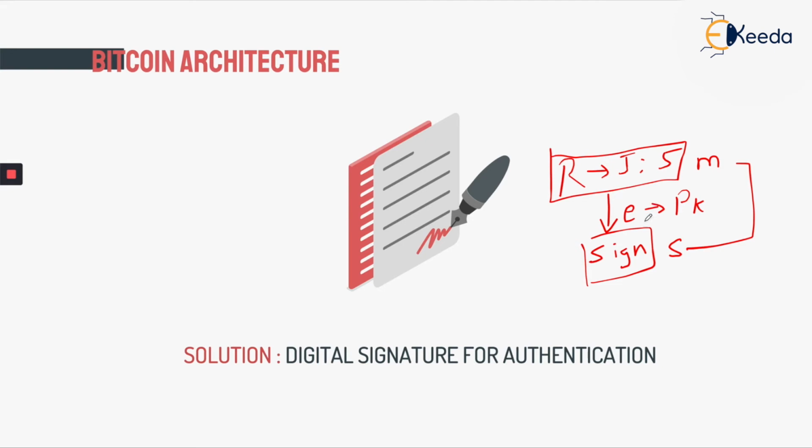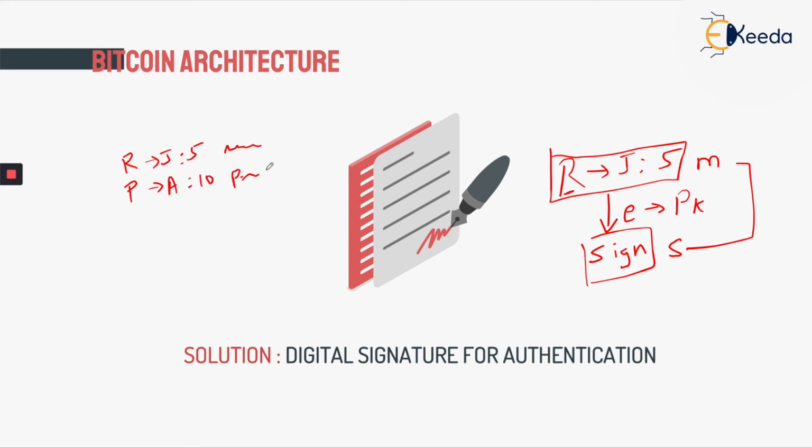This is how I make sure that whoever is the sender is the person sending the transaction. So the entire transaction will be "Raghu sent John $5" and here is the signature. Then someone else, let's say Patrick, wants to send Alice $10.